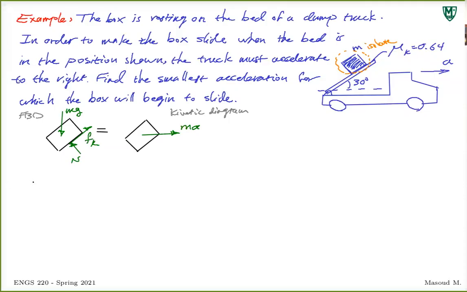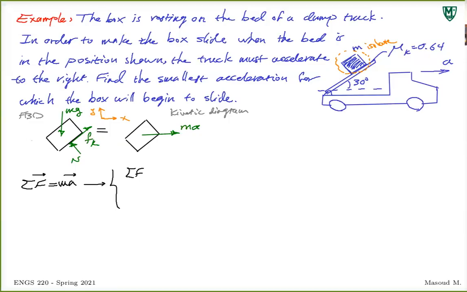Once you get this, the rest is just finding the components. You just say summation of forces is equal to ma. Let's take x and y. You can do it at an angle or just keep it straight, because we have enough components in x and y. You have to decompose Fn and Fk. If you turn it that way, you have to decompose mg and ma. I don't know which one is more efficient.